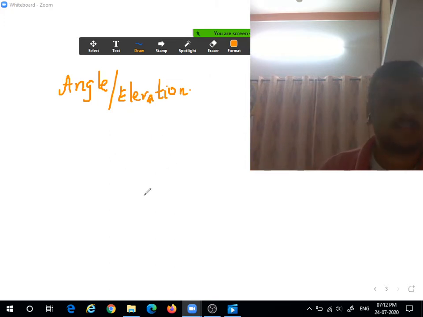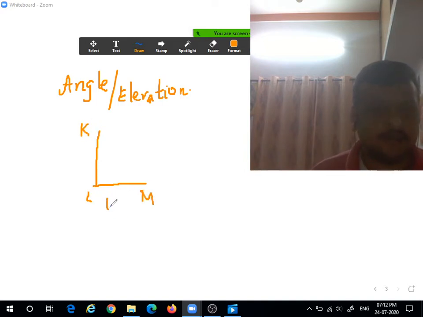Other applications are, say for example, I'll take one more easy example. You have a lamp post, this is M. This is the river, the length of the river.